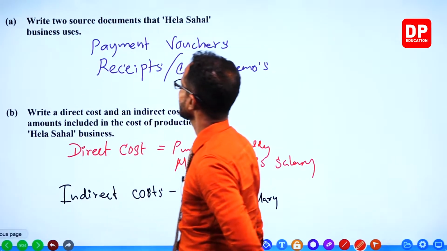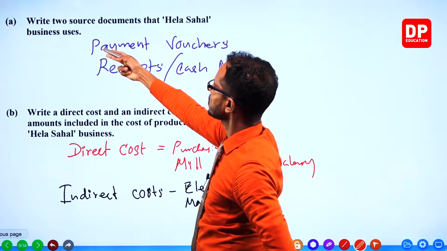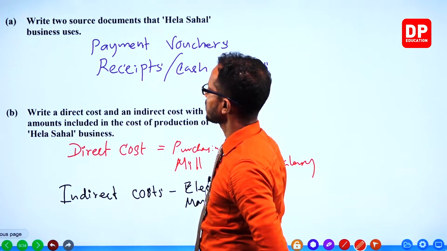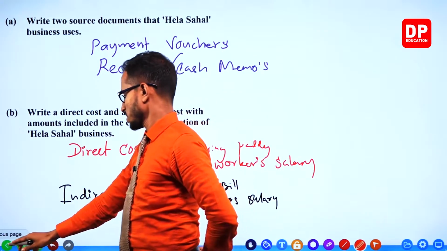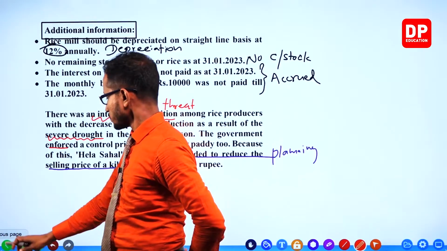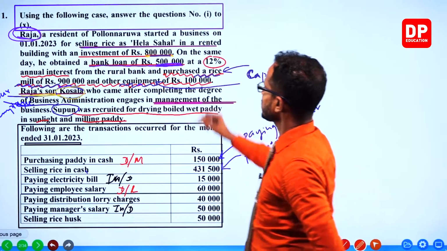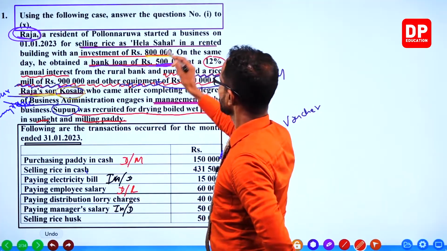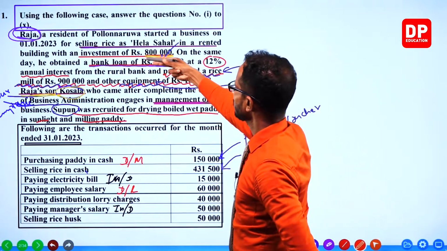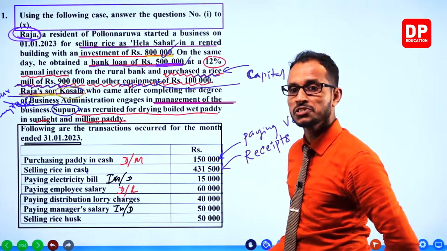Then again we'll go back to the transactions and see. 800,000 we took, that is the investment or capital. 500,000 we took, that is the loan received in cash.